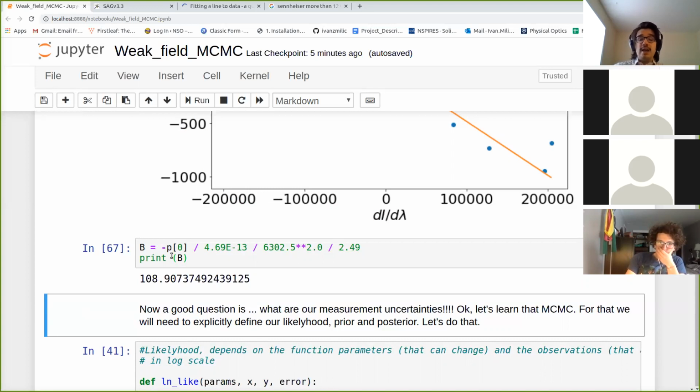And believe it or not, in general, we might not even know the noise, so we might have to include the noise itself in the model. I'm going to show you a very powerful and insightful technique called Markov Chain Monte Carlo, which is going to enable you to do all these things.